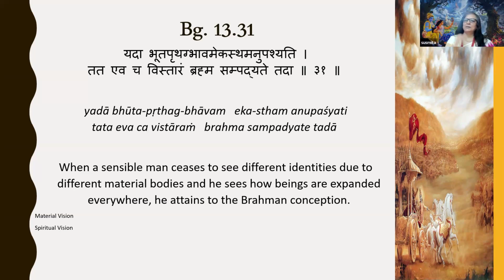When that realization comes to the person, then brahma sampadyate tada, what happens? He attains the brahma conception, and is able to see that in every entity there is the super soul, and relates to people from the soul and super soul perspective.